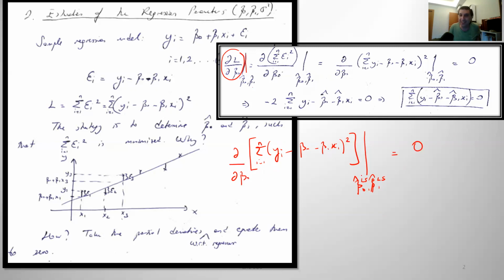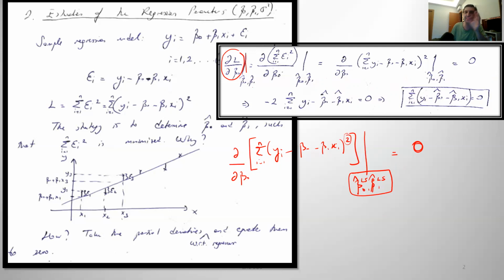Why? Because if these give the extremum, or minimum, value for L, therefore the partial derivative with respect to each of these parameters should be equal to 0. So now the point is to find the partial derivative with respect to beta 0.